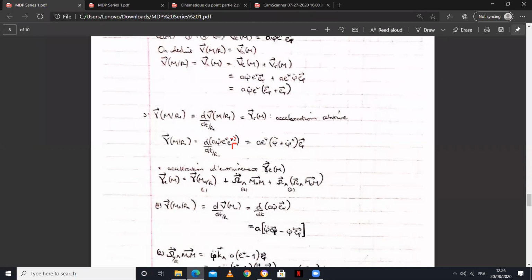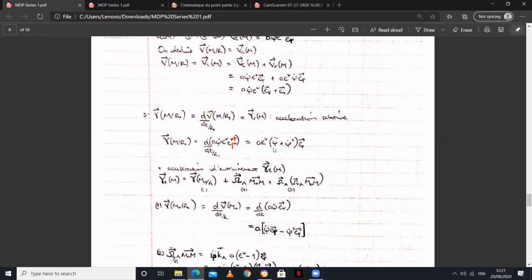Is it varying or constant? Knowing that we are dans le repère R1, est-ce que e rho varie dans R1? Is e rho varying in R1?